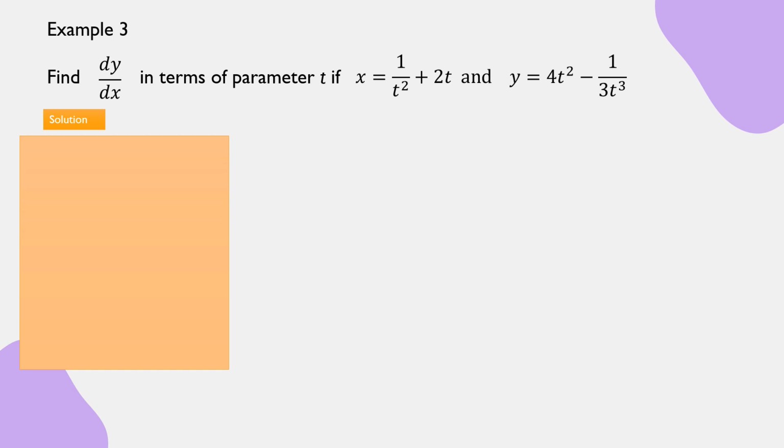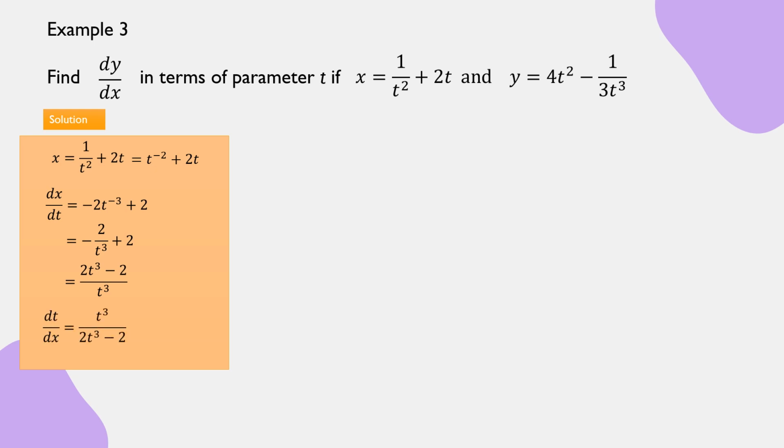First we find dx/dt. So dx/dt equal to negative 2t to the power of negative 3 plus 2. Write as a single fraction: 2t cubed minus 2 over t cubed. Therefore, dt/dx equal to t cubed over 2t cubed minus 2.